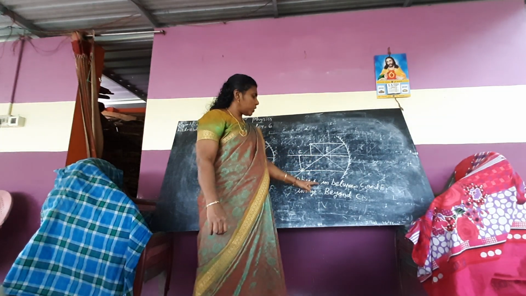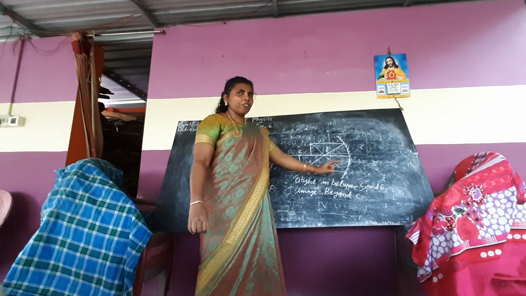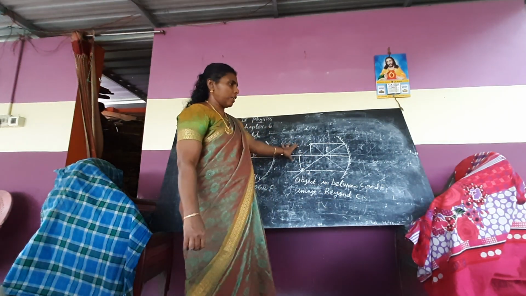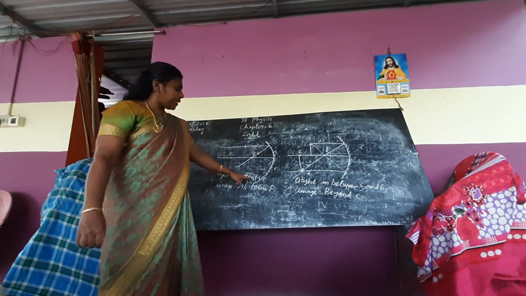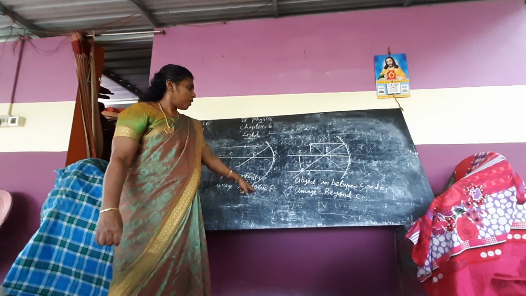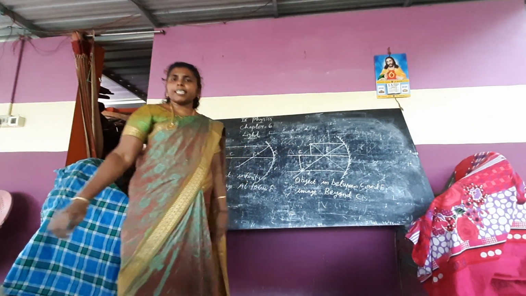This is the second diagram. First diagram, the object is at infinity, and the image will be at the focus. Now we can draw the next, third diagram.